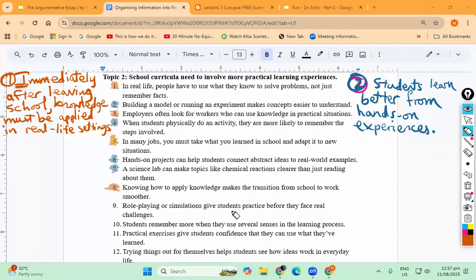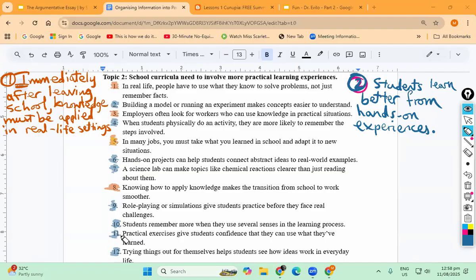Role playing or simulations give students practice before they face real challenges. That's blue, right? Students remember more when they use several senses in the learning process. Okay, that's they learn better. Practical exercises give confidence, let's learn better. Trying things helps students see how ideas work in everyday life. Does learn better, right? All right.